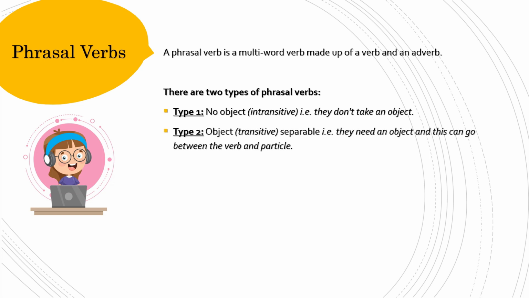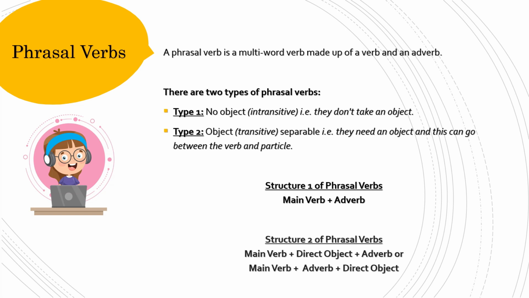Type 2: object, transitive and separable, that is, they need an object, and this can go between the verb and particle. Structure 1 of phrasal verbs is main verb plus adverb. Structure 2 of phrasal verbs is main verb plus direct object plus adverb, or main verb plus adverb plus direct object.